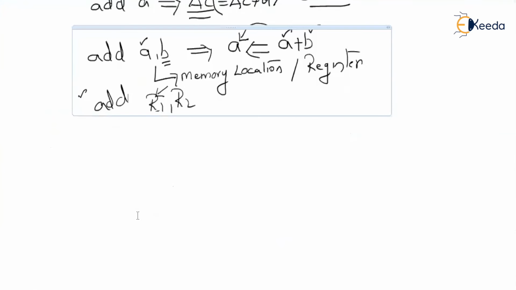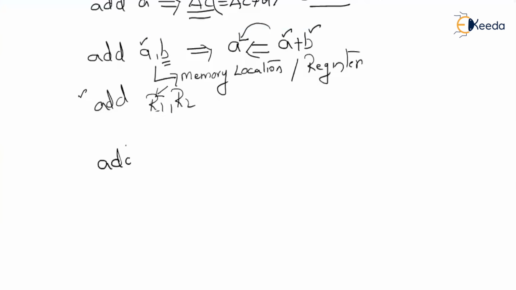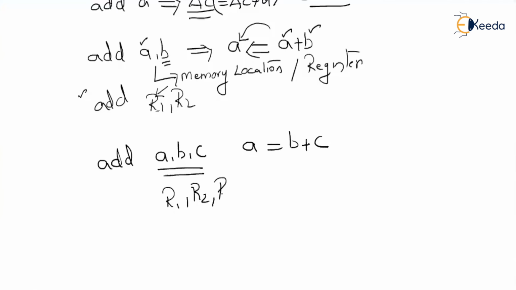Similarly, when it comes to 3 address instruction, it will look like add A comma B comma C, in which the operation is A is equal to B plus C. Now here the thing is, these 3 operands can be either a processor's register or a memory location, such as R1 comma R2 comma R3.